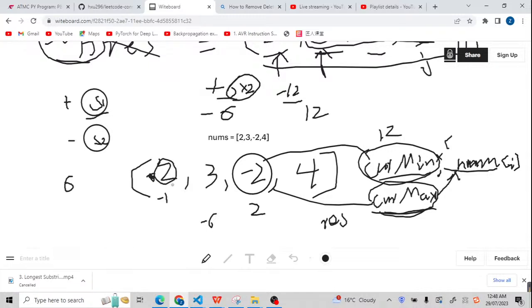What about the current minimum? As we defined, this 2 is the minimum, because 2 times 3 is bigger, so 2 is smaller than 3. So the current minimum is 2. My current number is minus 2. So what is the result? The result would be minus 2 times 6, and minus 2 times 2, which is minus 12 and minus 4.